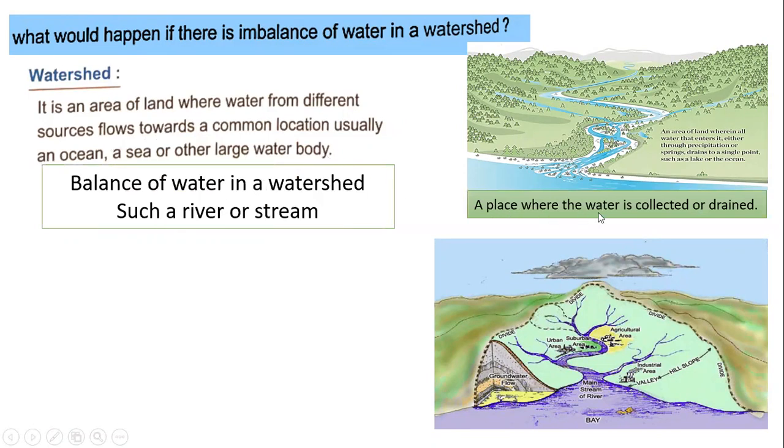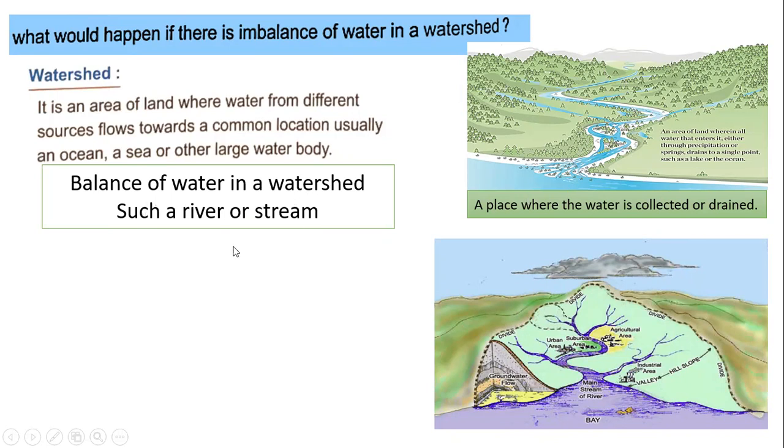A place where the water is collected or drained. Easy. Look at this. You can see here is a river, and this river ends in this sea. And when it rains, the runoff water will be collected here in the same place. So we call this place a watershed. Easy.